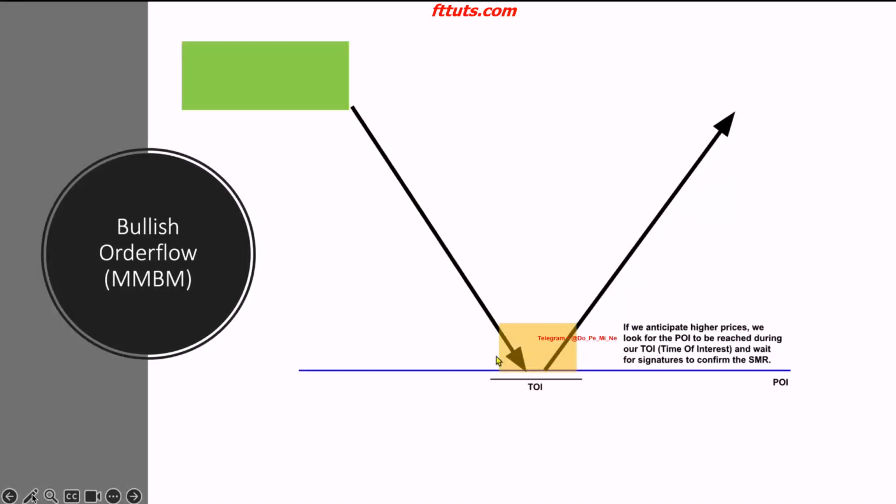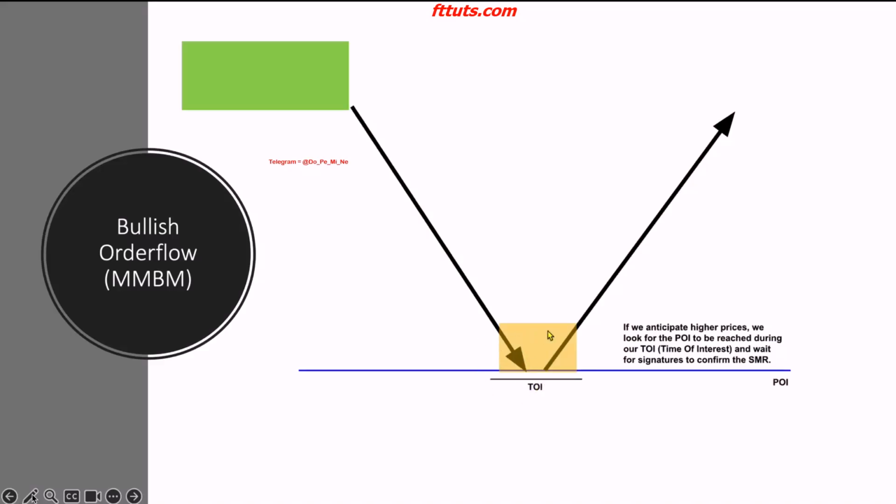So before we can add extra additions to our current model, we will first take a look at the market maker buy model schematic. It's a rather simple schematic where we can see a green box up here, which represents an original consolidation, an area where buy side liquidity has been engineered above the highs, followed by sell side delivery lower into our point of interest during our time of interest.